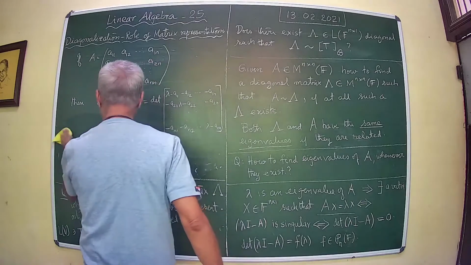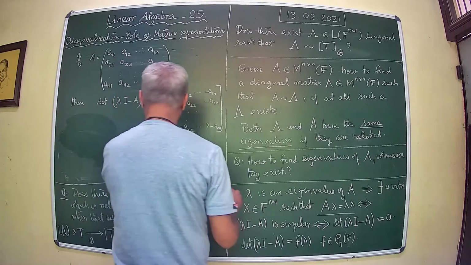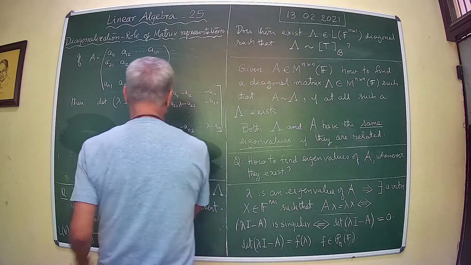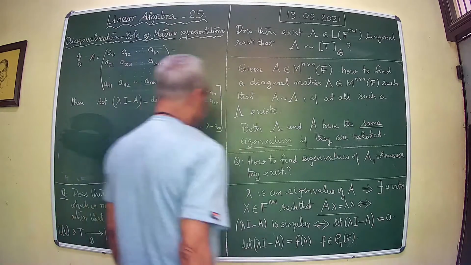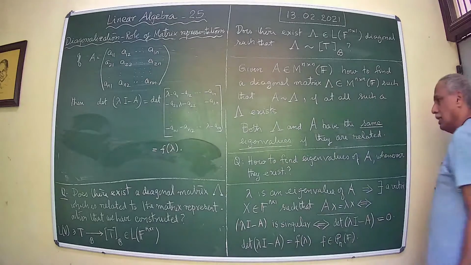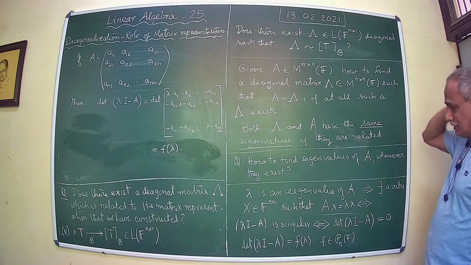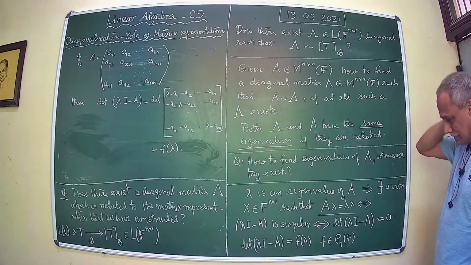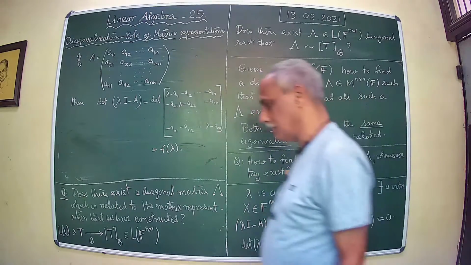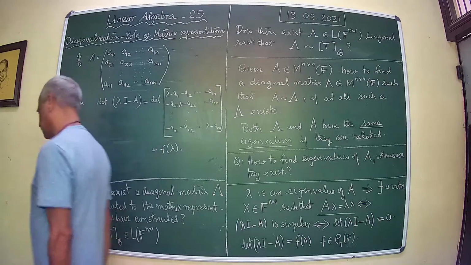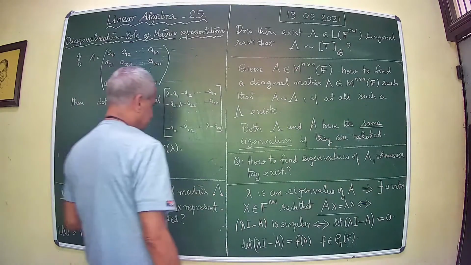From this it is clear that this is equal to something, and this f of lambda is called the characteristic polynomial of A. Okay.